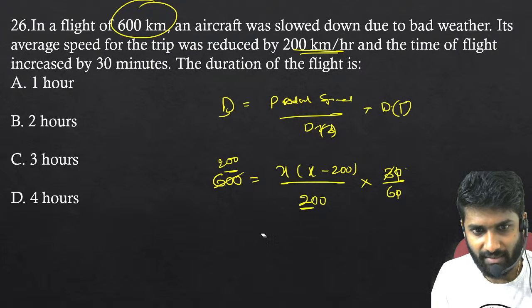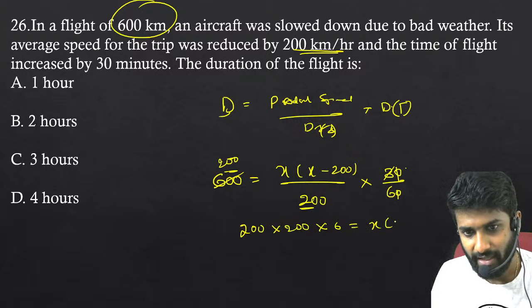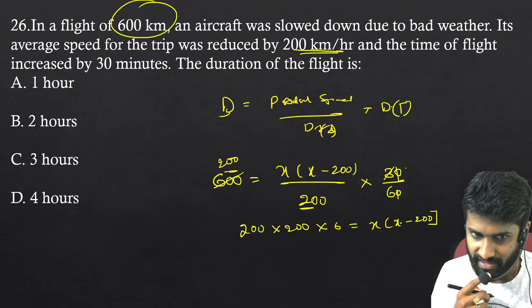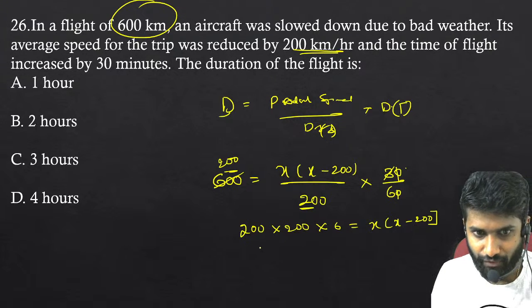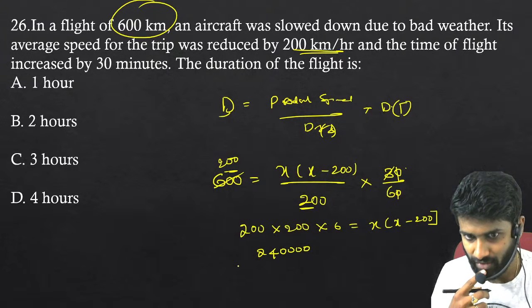See guys, this is the most important part, how we are doing the calculation. 200 into 6 is exactly equal to x minus 200. Now the total value is equal to 24,000, no, it's 2 lakhs 40,000. So 2 lakhs 40,000 is equal to x into x minus 200.